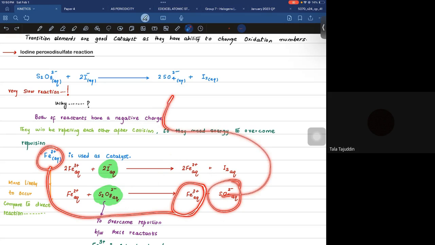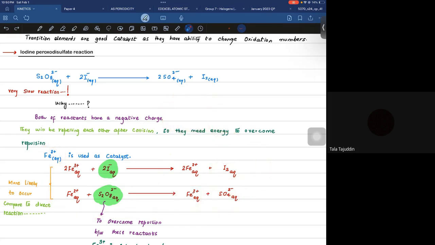This is the product and this is the product. So ultimately, according to the definition of a catalyst, it's regenerated at the end of the reaction. It regenerates itself. Okay. What the iron did, it is regenerated after the reaction, but it has given you the product.